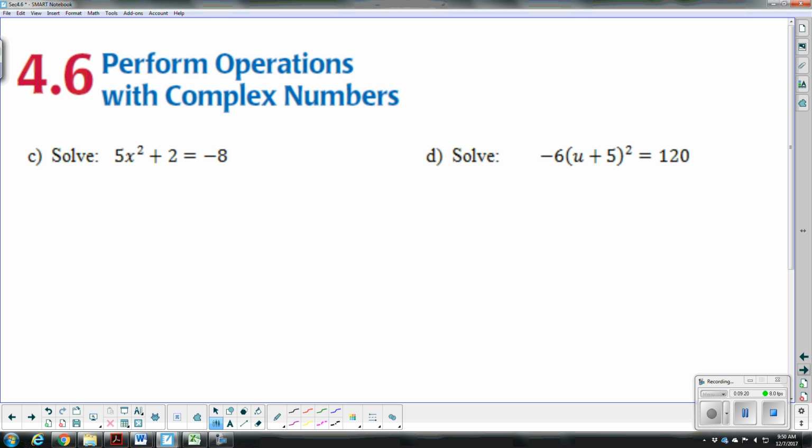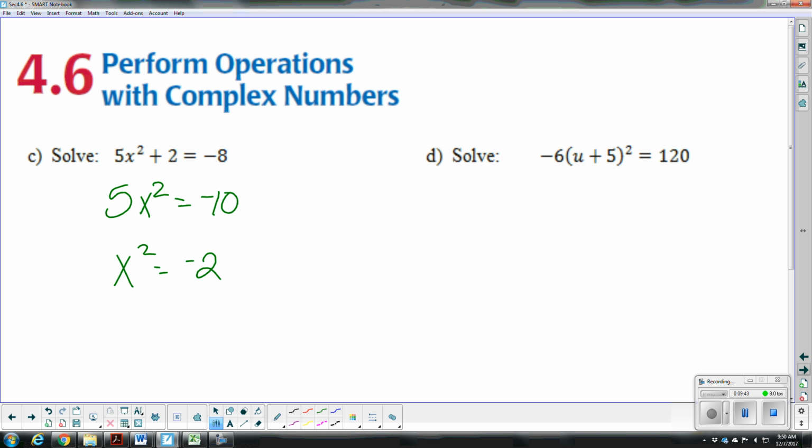All right, so let's look at the next 2 examples. So example C, again, we're trying to isolate our variable, our x squared term. So if we subtract 2 from both sides, we have 5x squared equals -10. Divide both sides by 5, we get x squared equals -2.